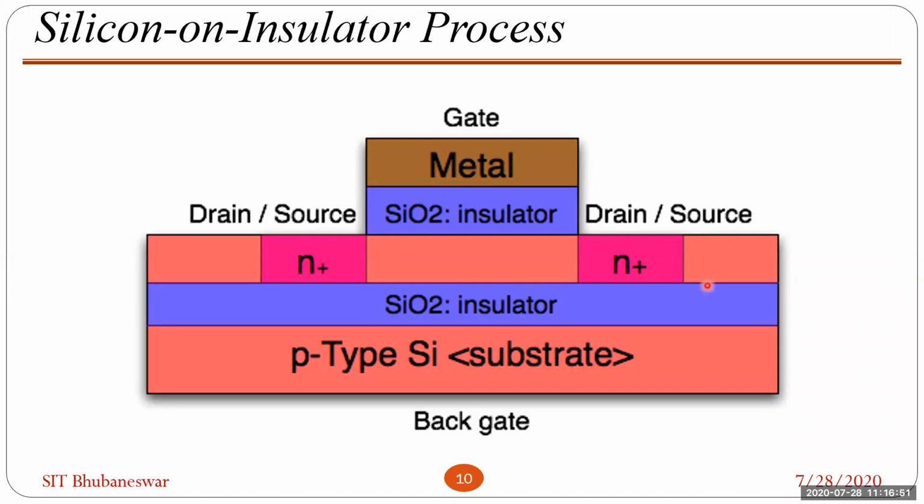So this N plus and N plus are completely separated from the P type, isolated from this substrate. So to avoid the substrate noise, this process is very good. These are the basic things. You can learn more by searching more and more about these things. Just an idea of what the processes are.